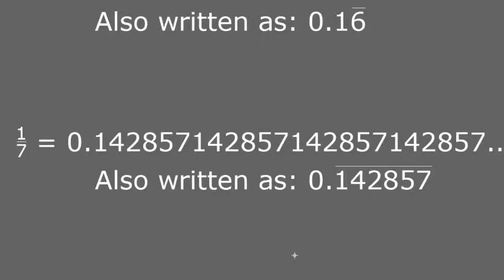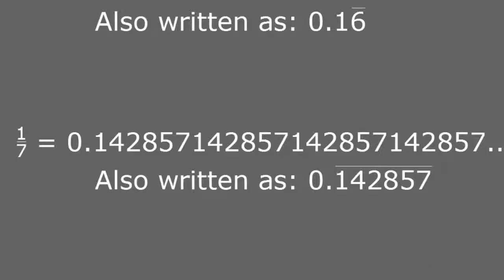Now in the case of 1 over 7, you can write it if you want as 0.142857 with a line over all six digits, but that is very unusual, and I don't think most people, when they see that for the first time, will understand what you're trying to say. So in my opinion, it is much easier to write just the fraction 1/7.